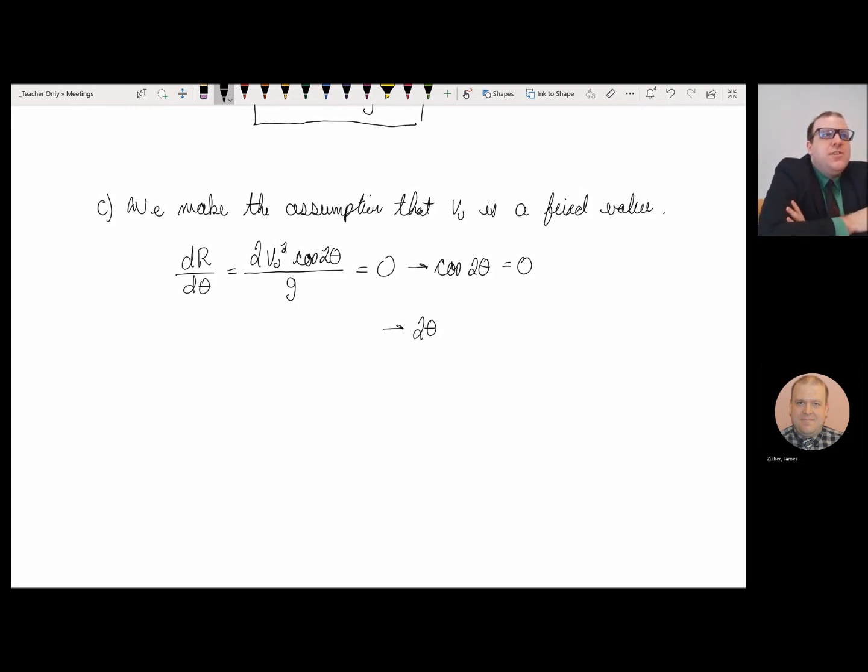For what angles is cosine equal to 0? There's only 2 of them.